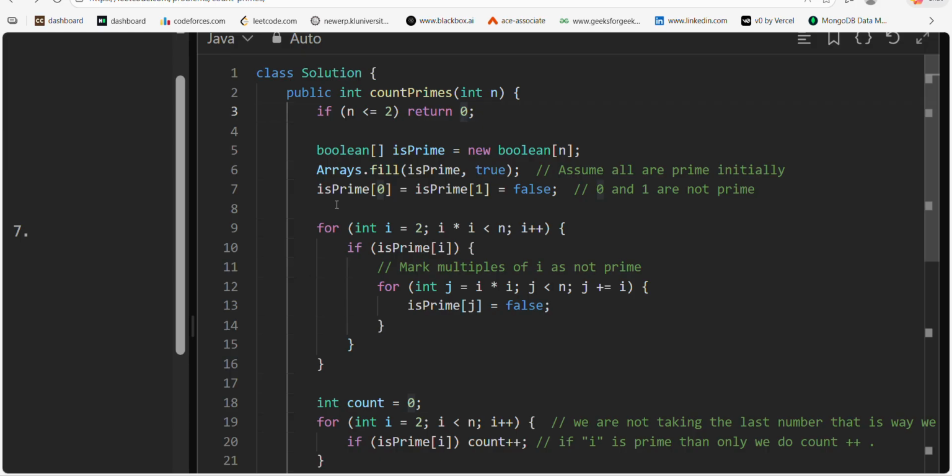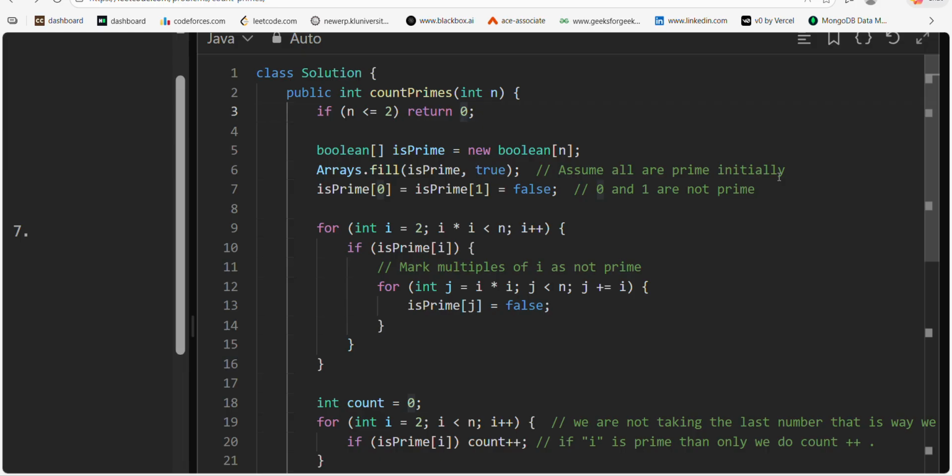Then we simply return false in that case, since we are not taking 0 as prime. Next, we initialize the prime array of size n.